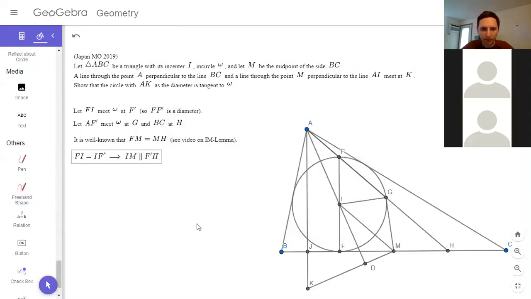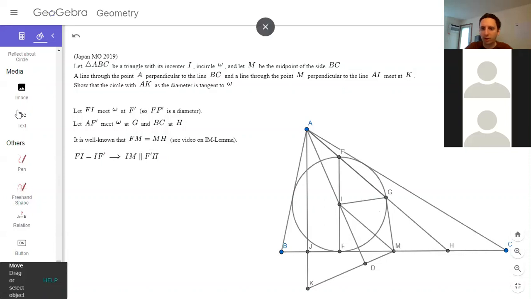And so from there, we can show IM is the angle bisector of FIG. So we have, just thinking how to write this out. Angle FGF prime is 90.